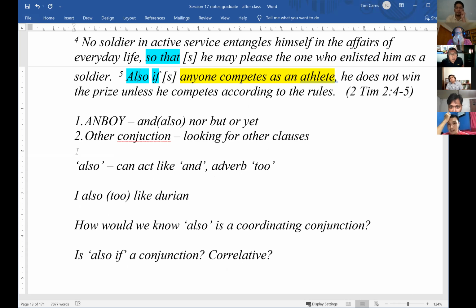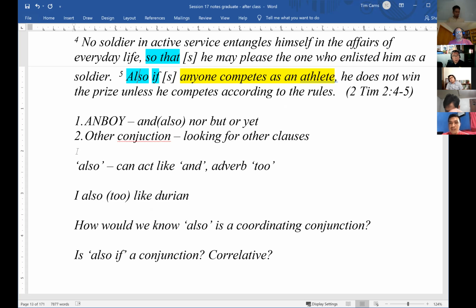Paul is making an analogy here. The previous verse is the soldier, and verse 5 is the transition. After he makes an analogy of a soldier, he is now making, in verse 5, an analogy of an athlete, and the transition is the word "also." So what does it seem like it's doing there?